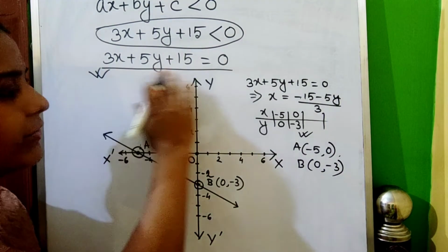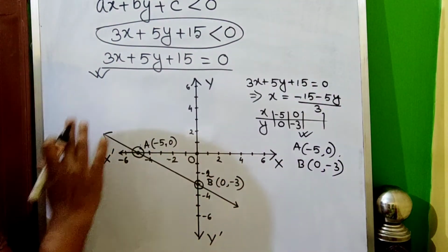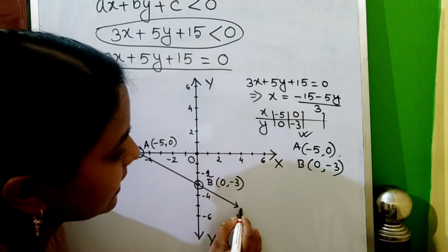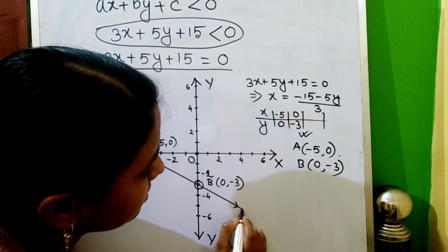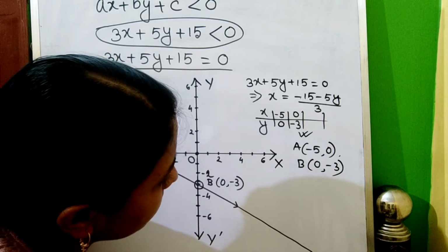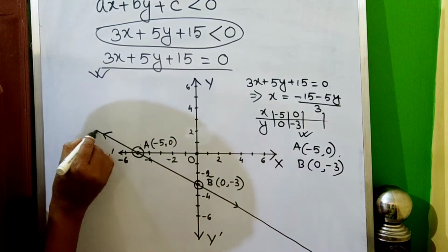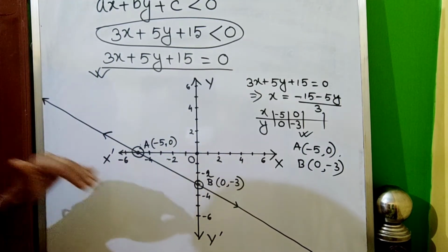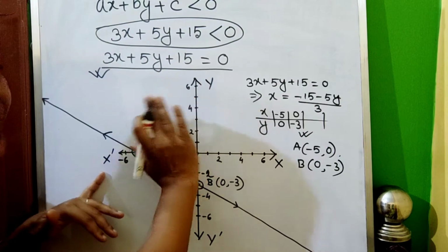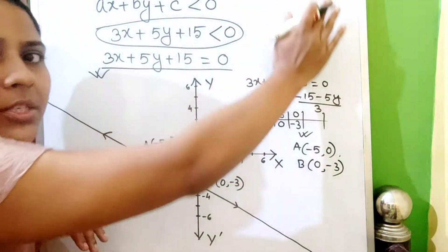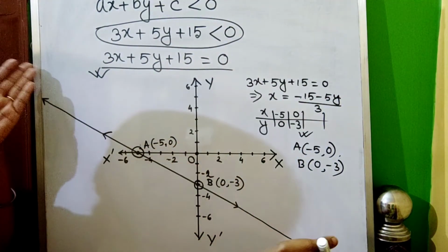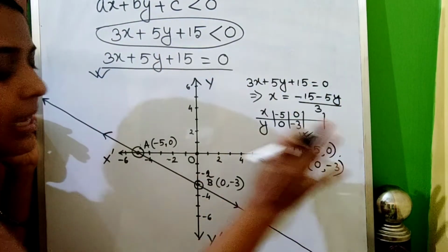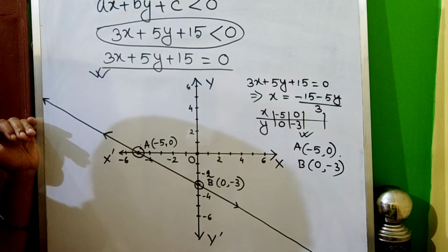You can see, if the whole board is a single plane and I extend the line on both sides, the whole board is actually divided into 2 parts, 2 planes. This upper side is one plane, and the lower part is another plane.